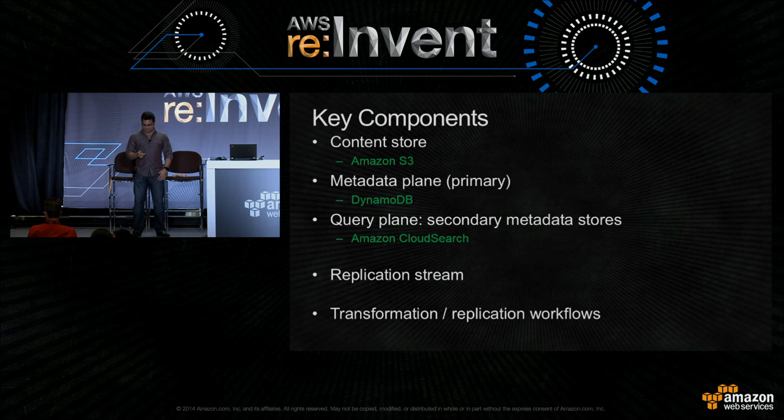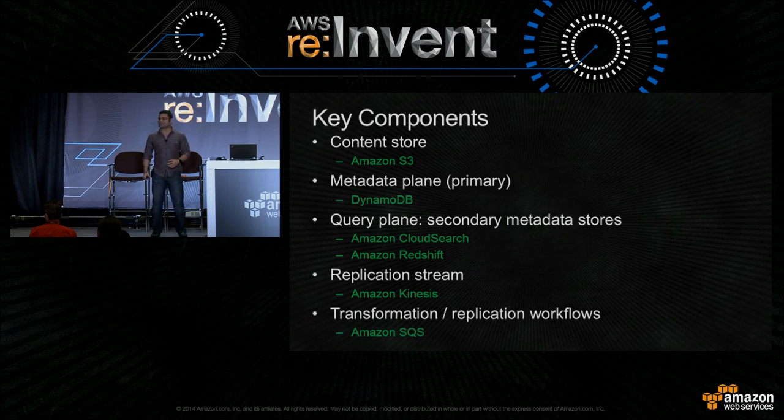For the replication stream, we have Kinesis. This is a durable, resilient stream. It's going to give you the ability via sharding to scale out horizontally to an essentially unlimited degree. And finally, for our replication workflows, here you have a couple of options. For our architecture, our use case has very simple transformations.